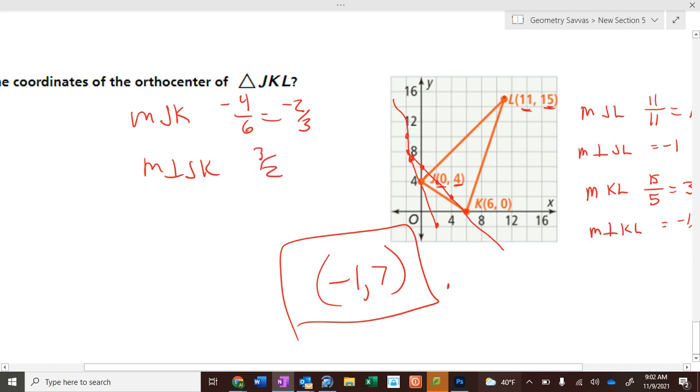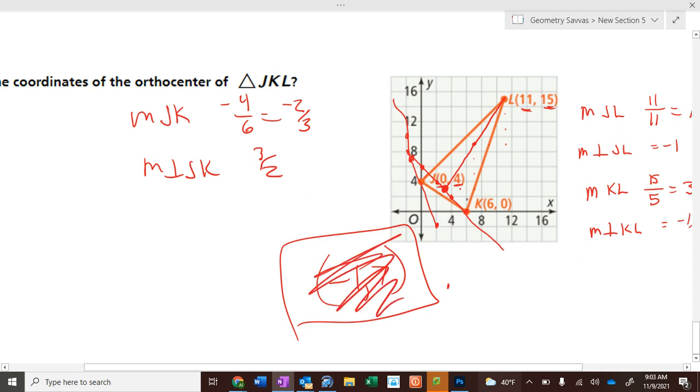So +3/2, we'd go up 3 to the right 2, but here we'd go down 3 and to the left 2, down 3 and to the left 2. That's where it should be, is right here at (3, 3).